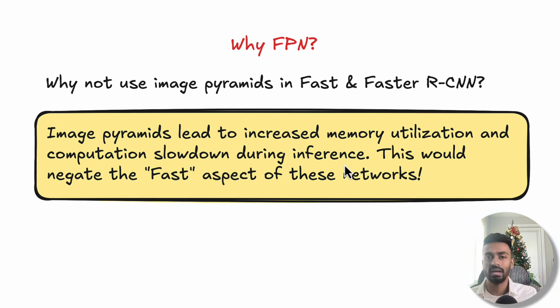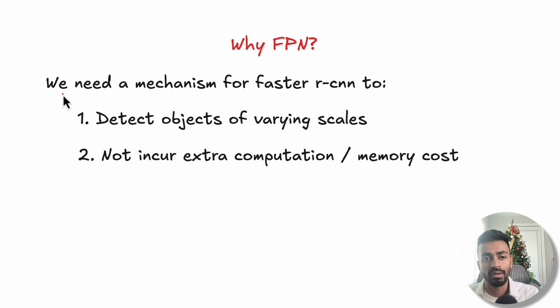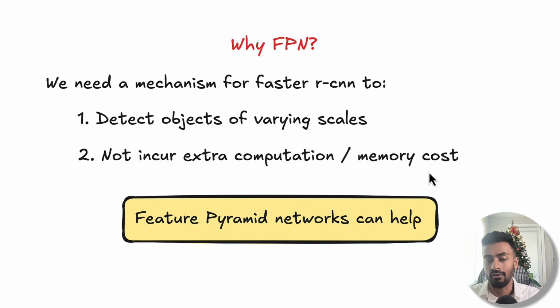So the original papers, if you read them, actually don't use image pyramids and instead just resize the input image such that the shorter side is 600 pixels or something like that. And so what we need is a mechanism for Faster R-CNN to detect objects of varying scales and also not incur extra computation or memory costs. And feature pyramid networks can really help with this.